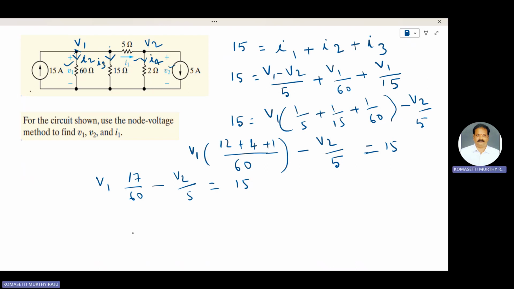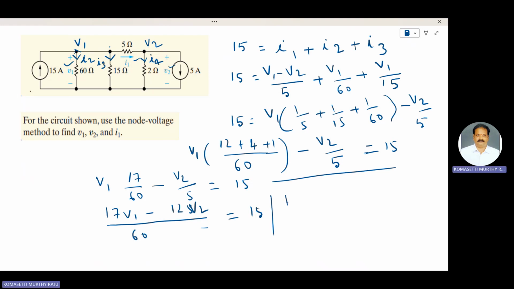60 is the LCM. 17 V1 minus 12 5s are 60, 12 V2 is equal to 15 into 60.